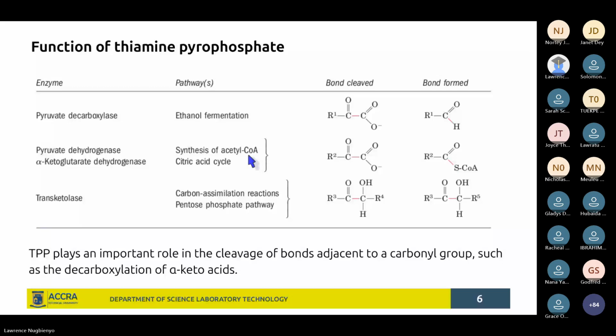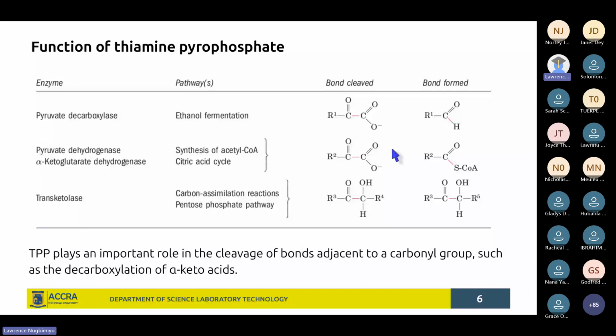If it's involved in the formation of acetyl-CoA, it's just like the first reaction which we have seen there. But we see that the bond between the keto group and the carboxylic acid group is broken. That COO is given out as carbon dioxide.